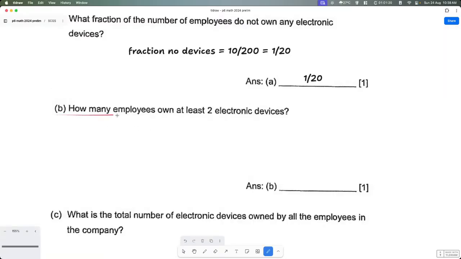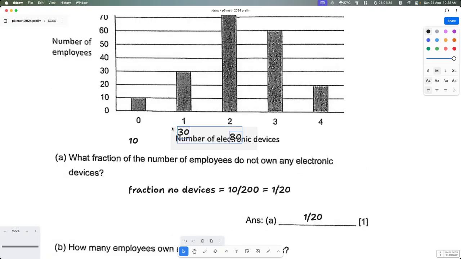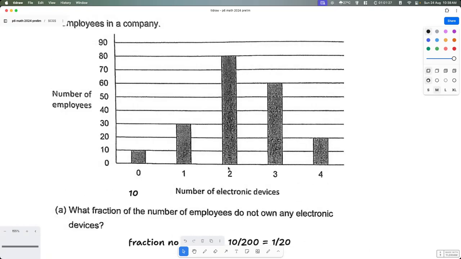All right, part B. How many employees own at least 2 electronic devices? In this case, at least 2 is basically 2, 3, and 4. So 2 over here is 80. 3 over here is 60, so let me just put here 60. And lastly, 4 over here is 20.